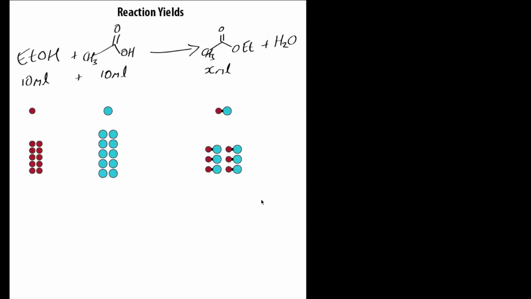So what we need to do now is actually go through the process. We're going to try and calculate what we should expect, and then work out what we do get, which we will know because we'll be able to weigh it or measure its volume.